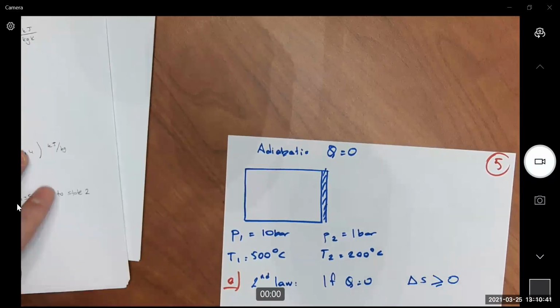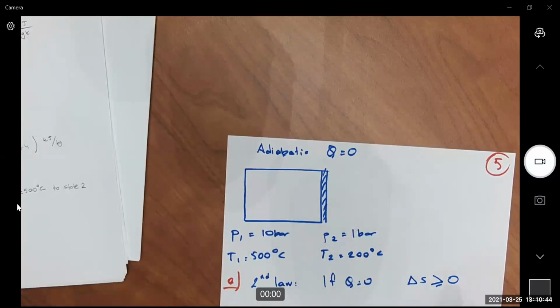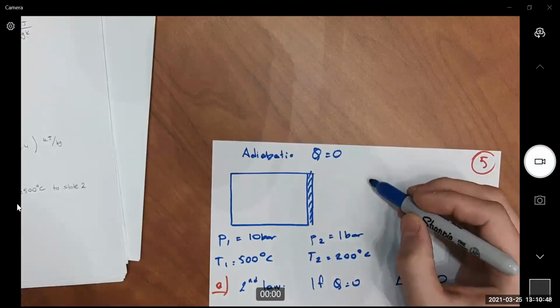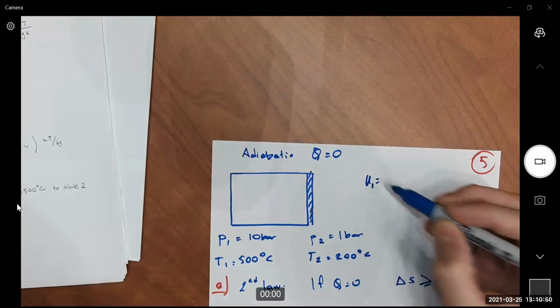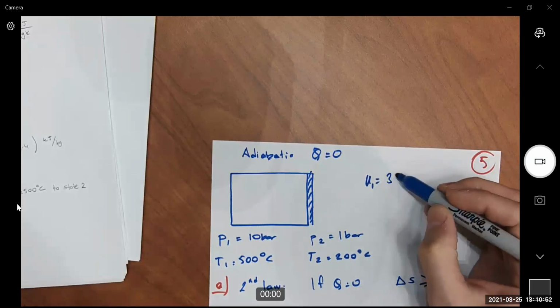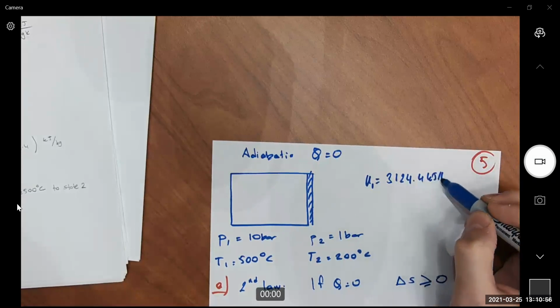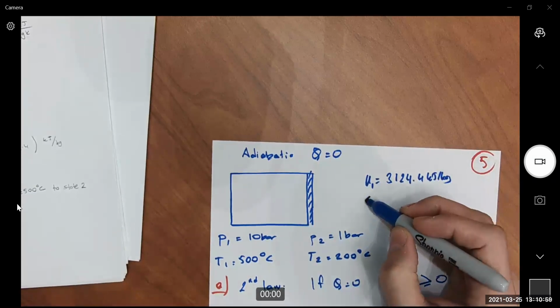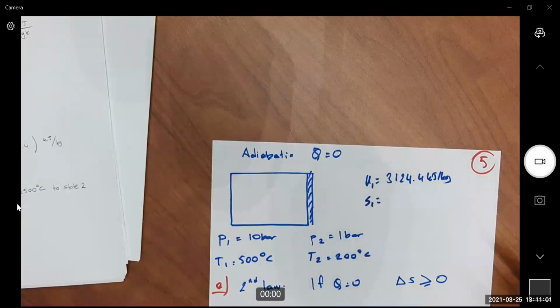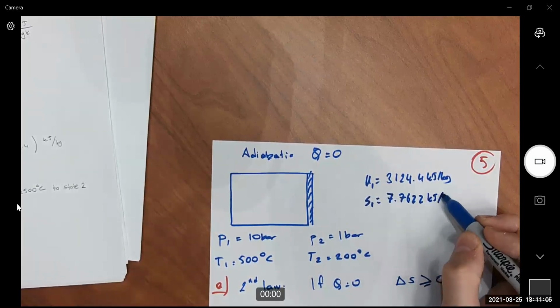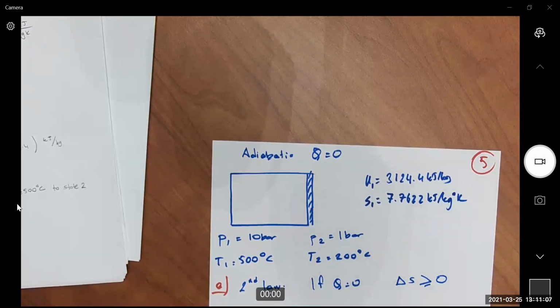So, let's put it here. Internal energy at state 1 is 3,124.4 kilojoules per kilogram. Entropy at state 1, 7.7622 kilojoules per kilogram Kelvin.